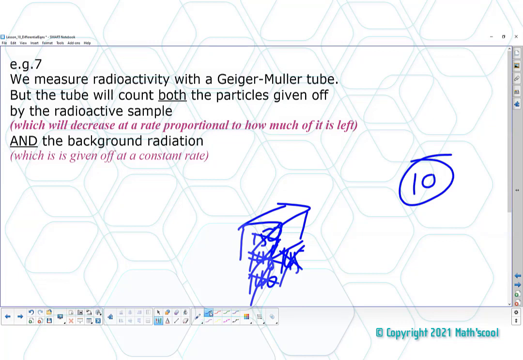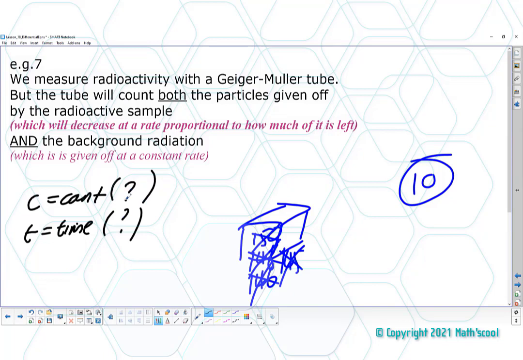Okay, C equals count and T equals time. I don't know what units to put in here. This is becquerels and this is, I don't know if it's hours or weeks or years. It depends on what my radioactive sample is going to be. I'm just going to leave them blank.